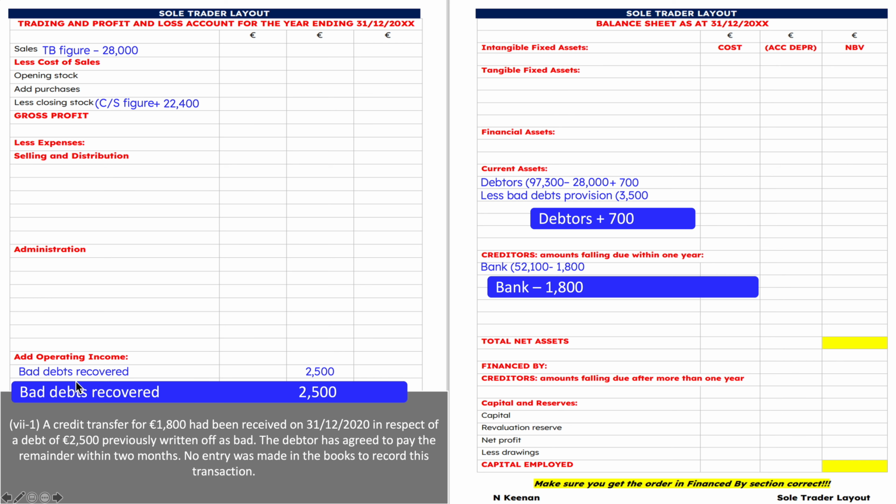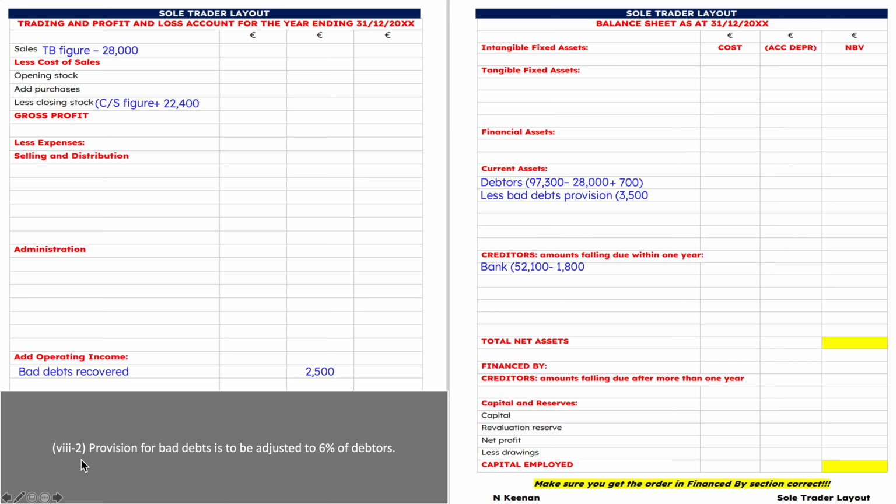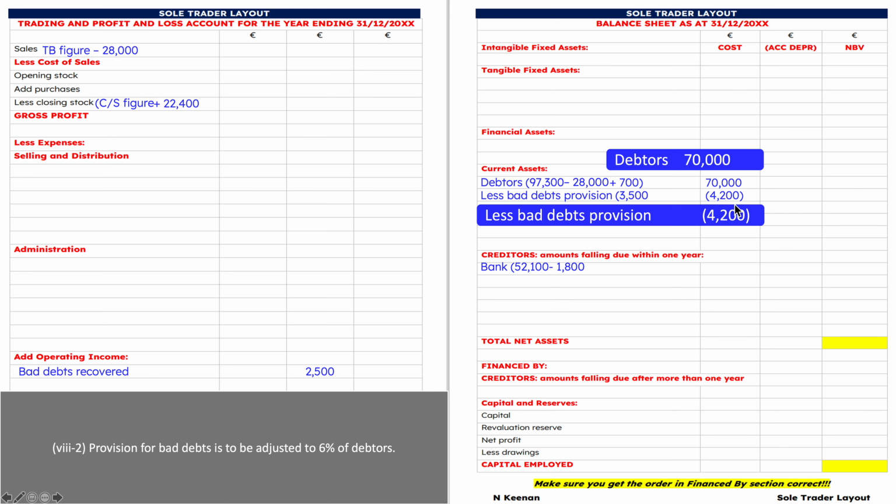Then we have to record the bad debts recovered in total, so the 2,500 there. Lastly then, adjustment 8, part 2, provision for bad debts is to be adjusted to 6% of debtors. So you tot up your debtors figure there, and it's 70,000 in total. Multiply that by 6%, and your new bad debts provision is now 4,200.